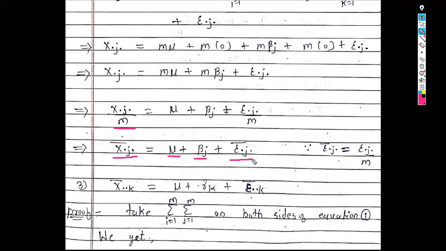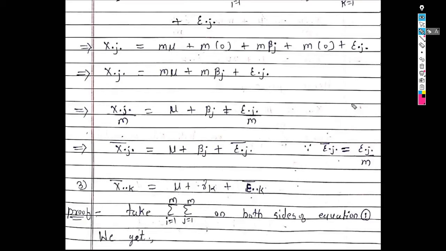In this way we prove our second statement. So when we find the variance for the jth block effect, that is beta j hat, we use the value of x dot j dot bar, which is mu plus beta j plus epsilon dot j dot bar, because we know the distribution of the random error term is normal with mean 0 and variance sigma square.